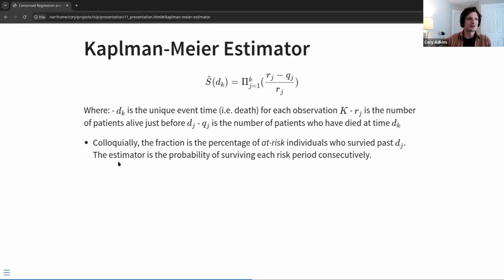Colloquially, this fraction is the percentage of at-risk individuals, the people who could die, who survived past each point at which someone did die. If you're in the first period, maybe you have 10 people who are potentially able to die, and at the end of the first period, someone does die. If there are no other dropouts, this would equal 0.9.